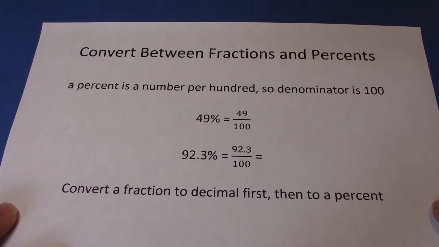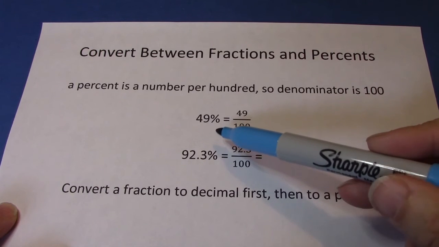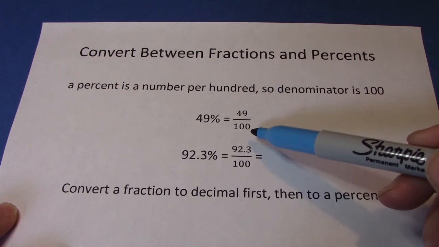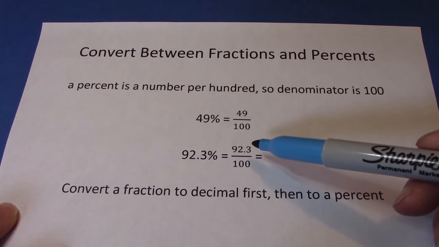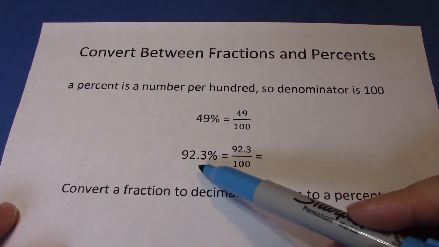Converting between fractions and percents. Remember that a percent is a number per hundred, so the fraction's denominator is 100. So 49% is 49 per hundred, 49 hundredths. That works also if there's a decimal point in the percentage.